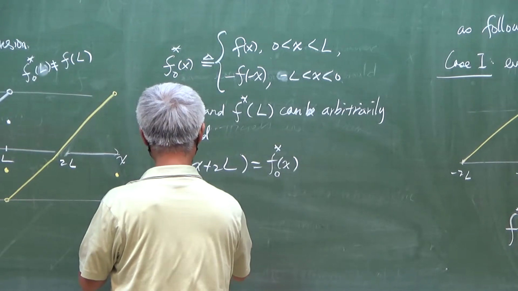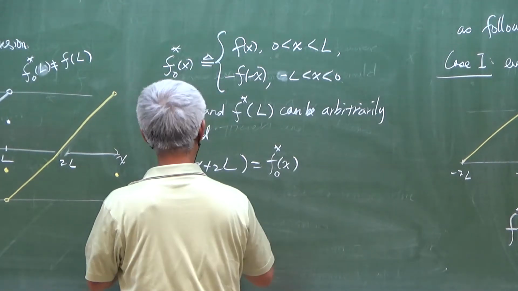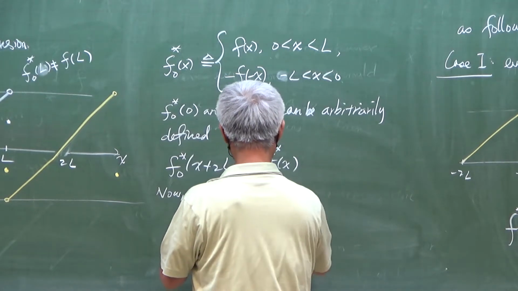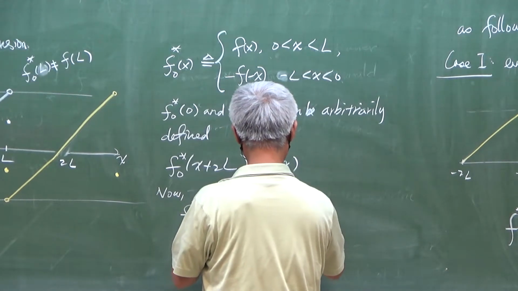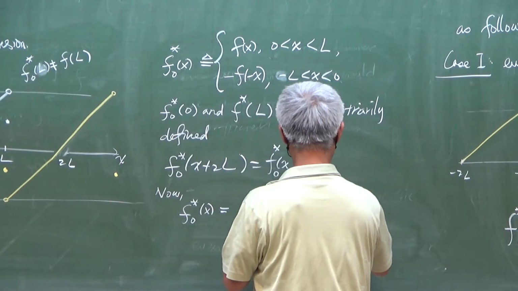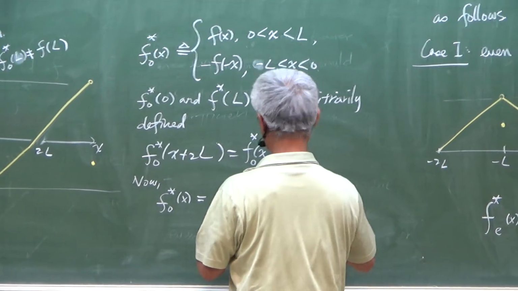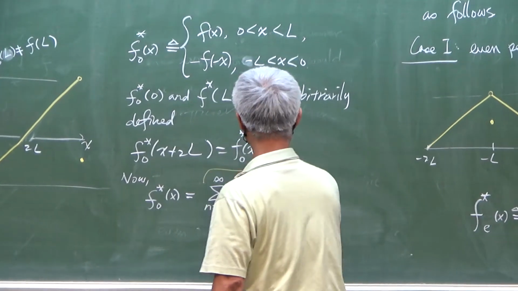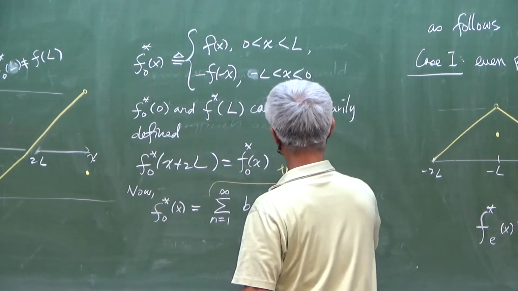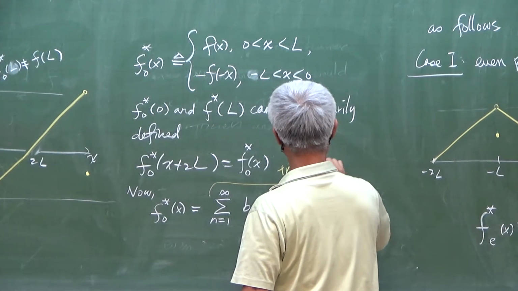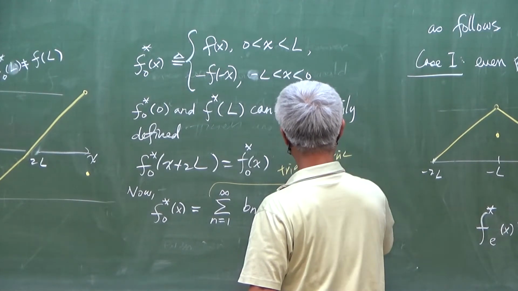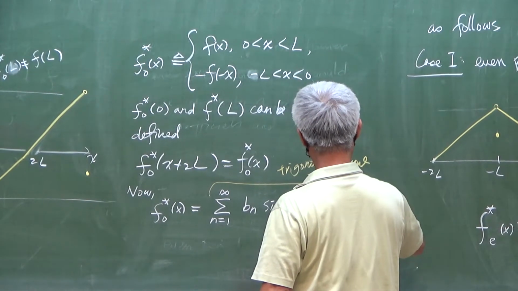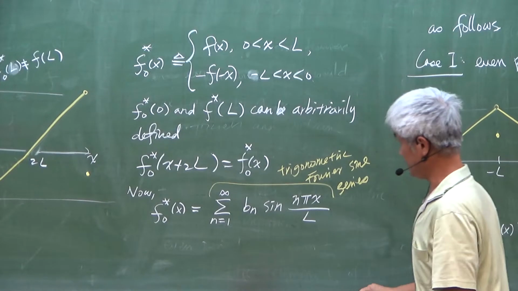the f0 star of x can be written by, so this is a trigonometric Fourier sine series. Okay, so it's a sine series.